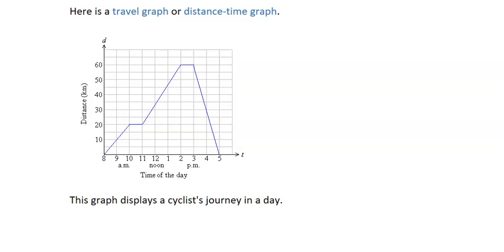So as you can imagine, the distance indicates how far from home this particular cyclist travels. And you can see that he spends all of this time going away from home, and then he turns around and he comes back. So this is the distance from home or wherever he may start his journey.